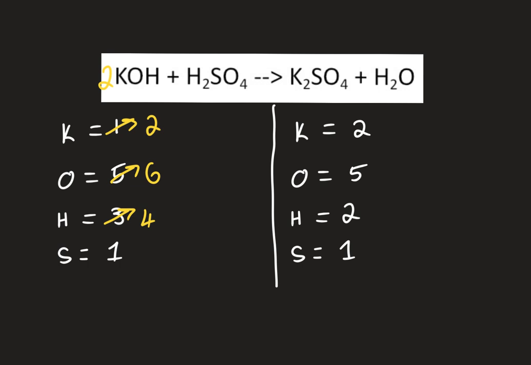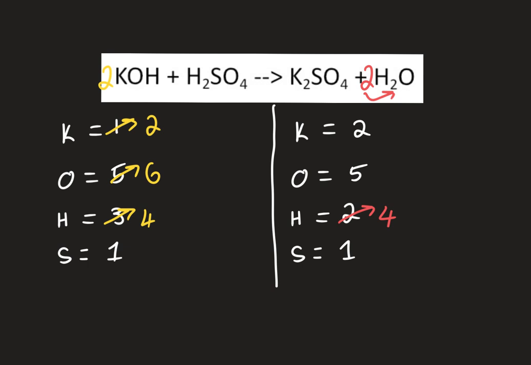So for the number that I'm going to put in front of water, I can see I have 2 hydrogens, but I need to get it to 4. So that's why I'm going to put a number 2 in front of that. That means I have 2 times 2, which is 4.